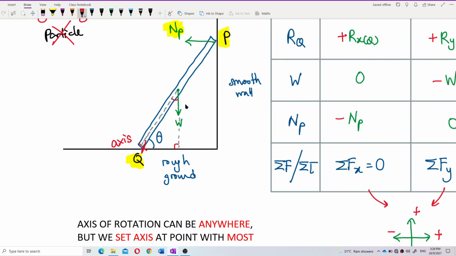This is a right angle triangle, isn't it? So that angle must be 90 minus theta.